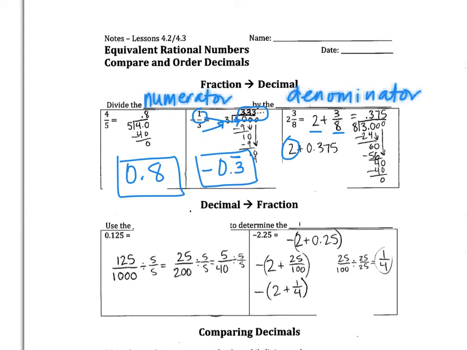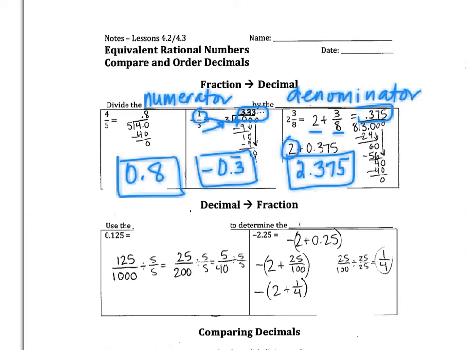Do the math on it, and then when we have 2 plus 0.375, that is the same as 2.375, which is 2 and 375 thousandths. And let's see, it was positive. So it looks like that.